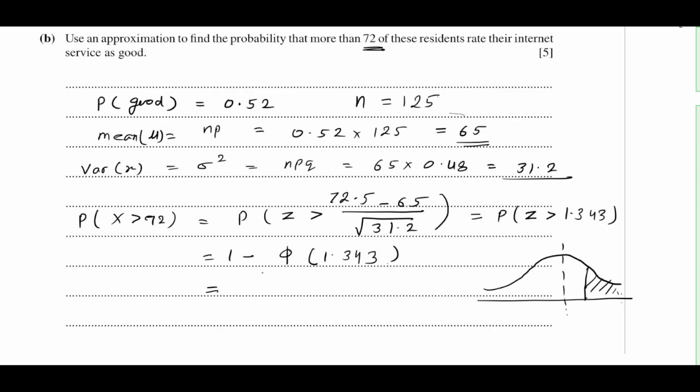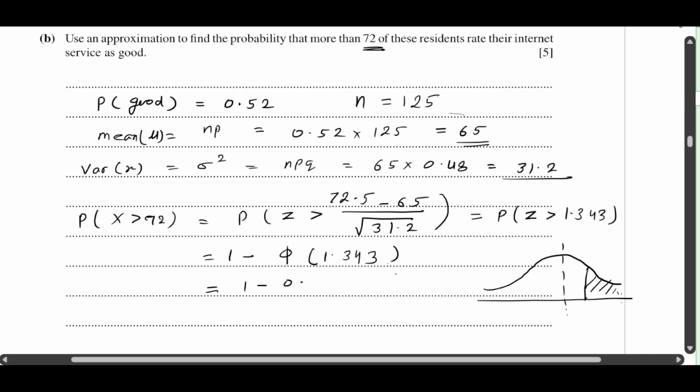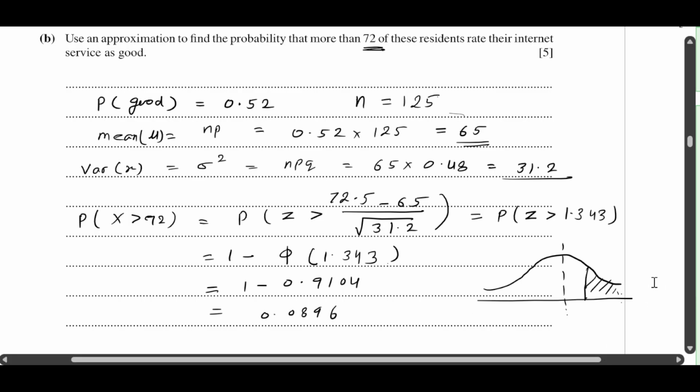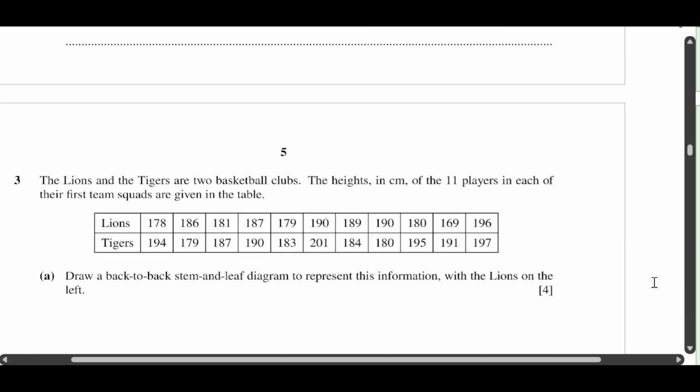So 1 minus this value, you calculate the z value, and we will get 1 minus 0.9104, and this will be 0.0896. Okay. So this is your B part for the first question.